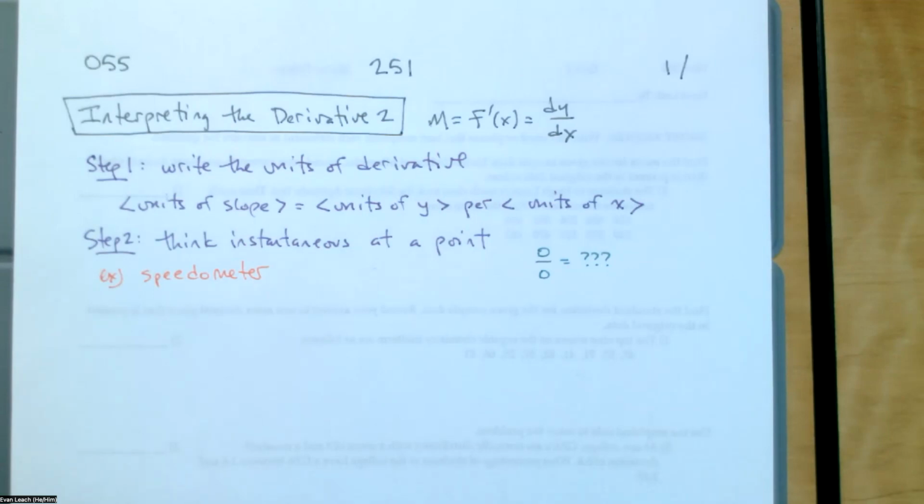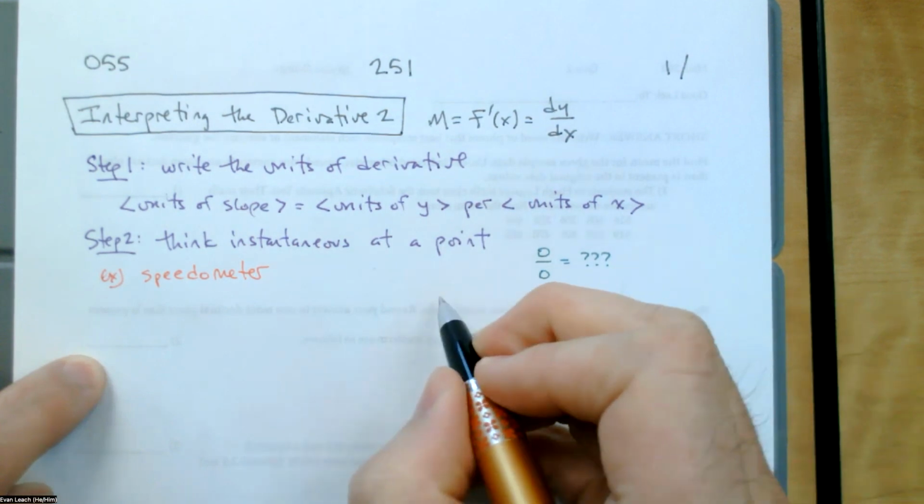Now, this goes back to our original principles on that first day of class. What do we do to make 0 over 0 not just undefined? That's an important thing to keep in mind and get reminded of every now and then. What do we do?